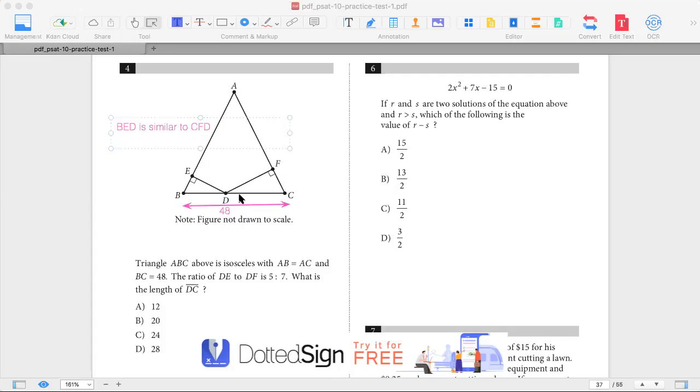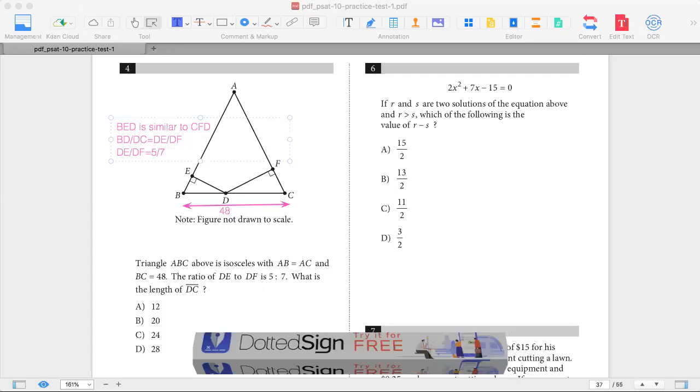So BD over DC is equal to DE over DF. And it is given that DE over DF is equal to 5 over 7.